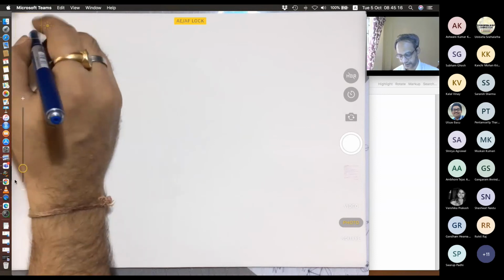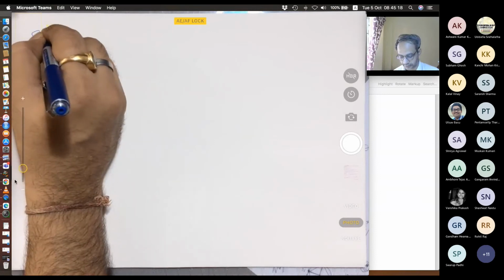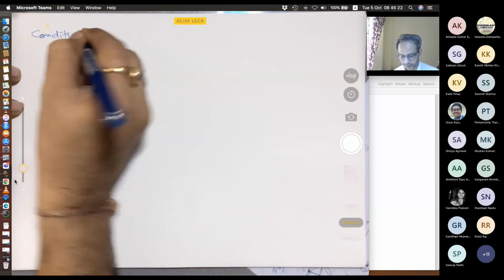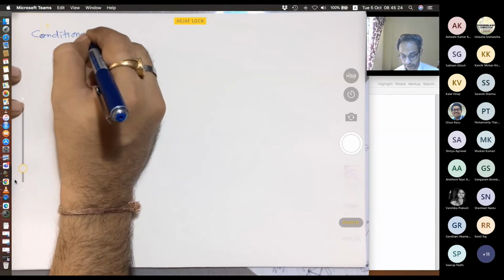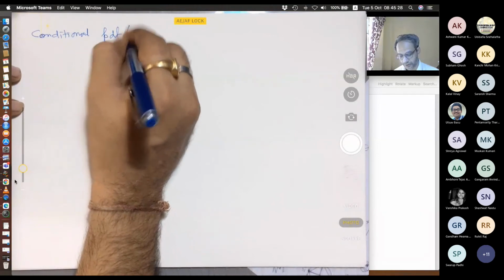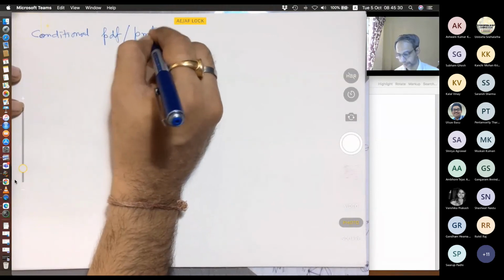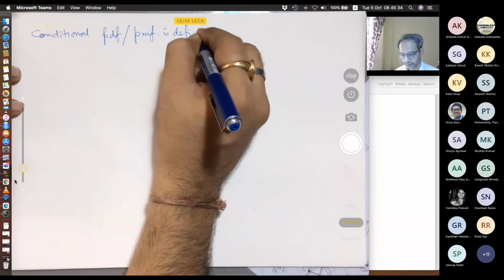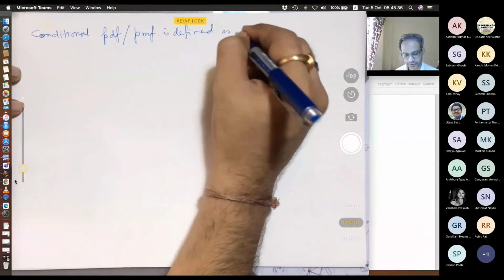Okay, so the conditional PDF or PMF is defined as follows.